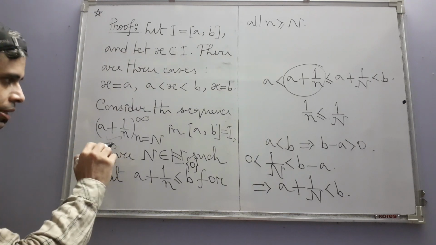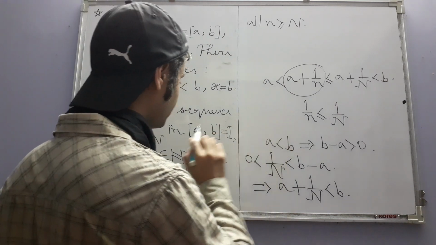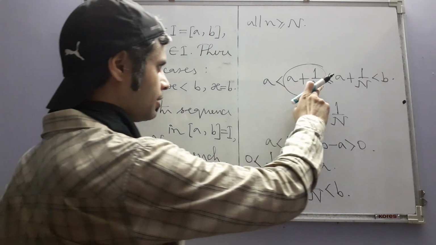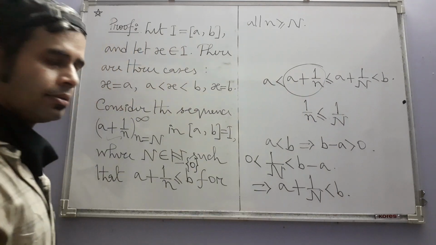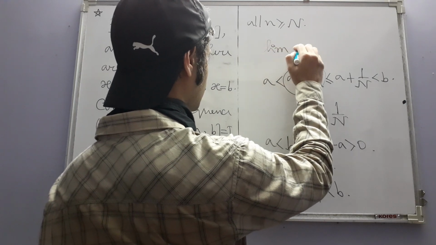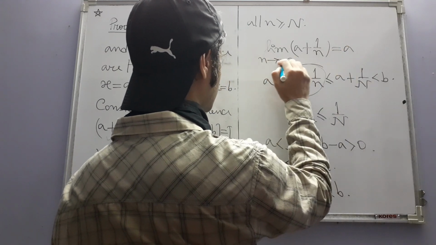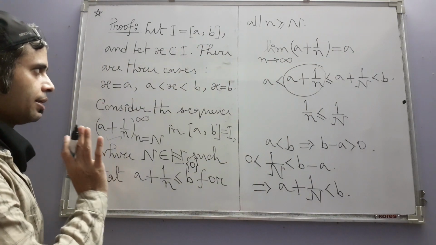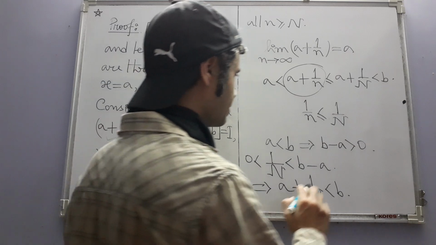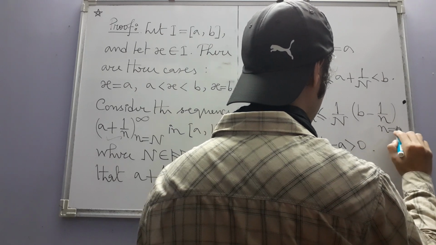So this is actually a sequence in I, but at the same time, this sequence is different from A in the sense that all of its terms are different from A. For no n will this ever be equal to A. And finally, the limit of this sequence, of course, is nothing but A. So by the previous remark, A is a limit point of I. Similarly, B is a limit point of I. In case of B, you have to consider a sequence like this.